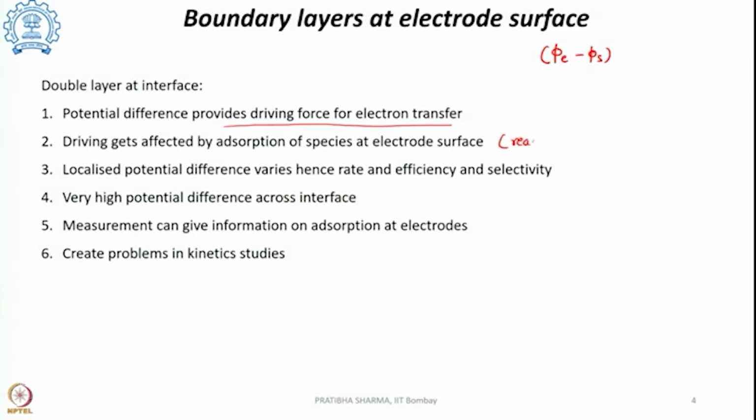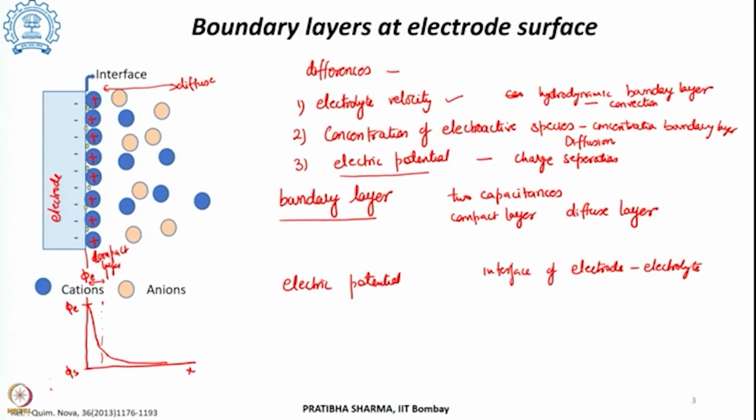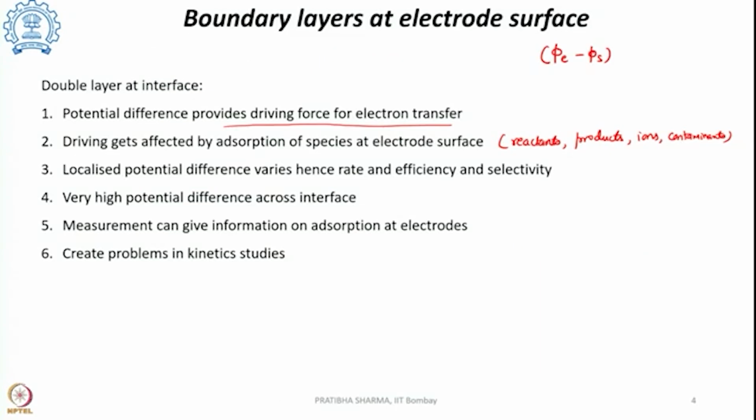These could be the reactants, products, the different ions, or contaminants involved in the process. Like in the earlier figure we have shown that these are the solvent molecules which get adsorbed onto the electrode surface, and that changes this potential difference in the process.